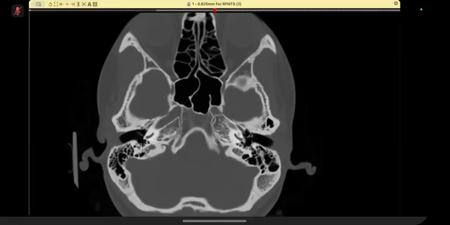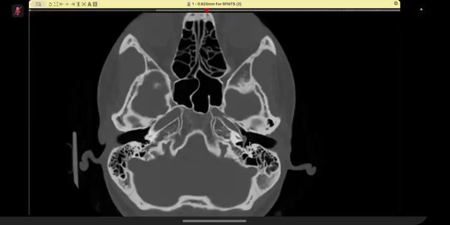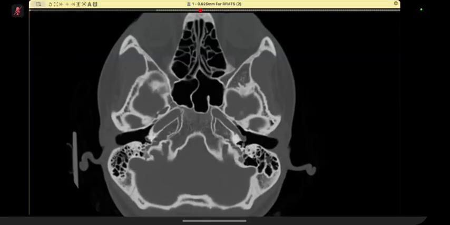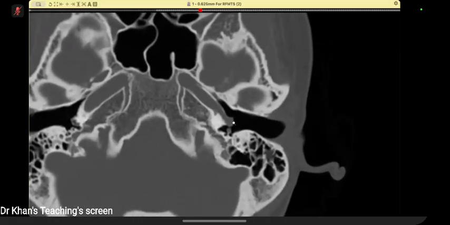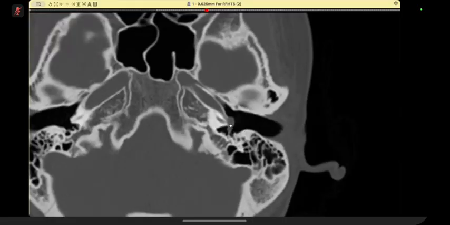So the tympanic membrane must be sitting here. We cannot see it on this bone window. As I'm going inferiorly into the mesotympanum, I can see some soft tissue here, some soft tissue here. And this soft tissue extends posteriorly like this.